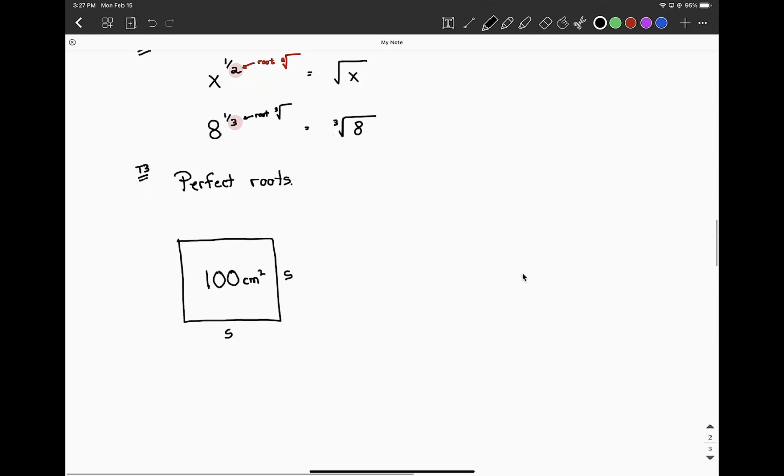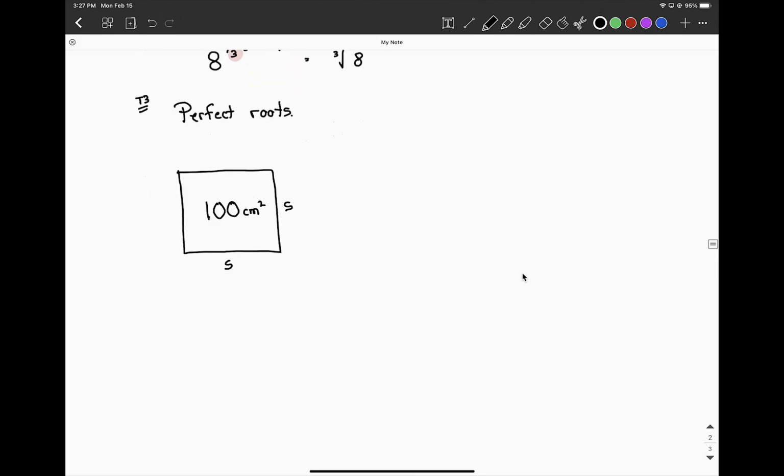Which is essentially, through some logic, asking you to take the square root. Get it? Square root of 100.